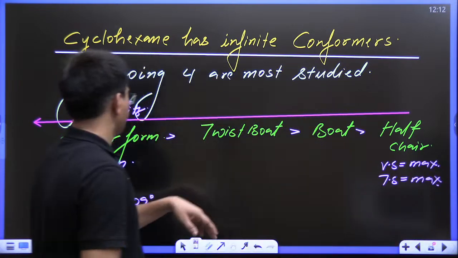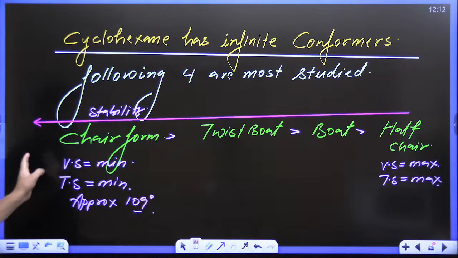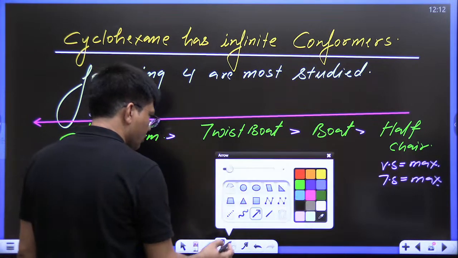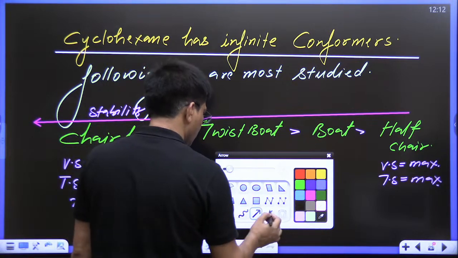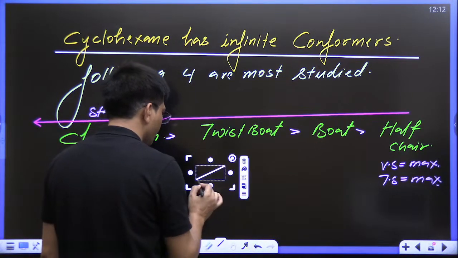So how do they look? The chair form you already know. The twist boat looks like this. See kids, this is the twist boat.